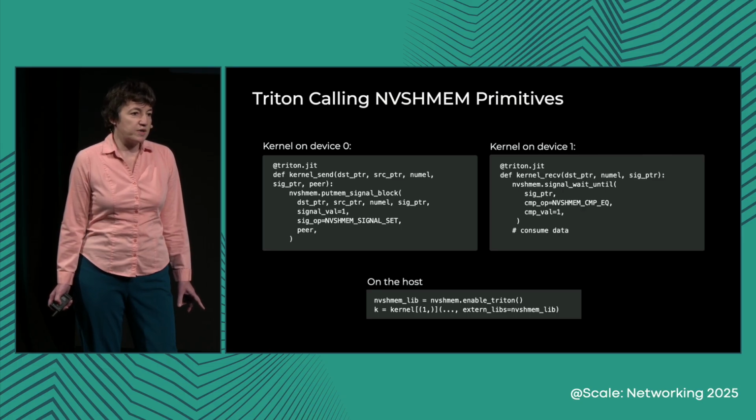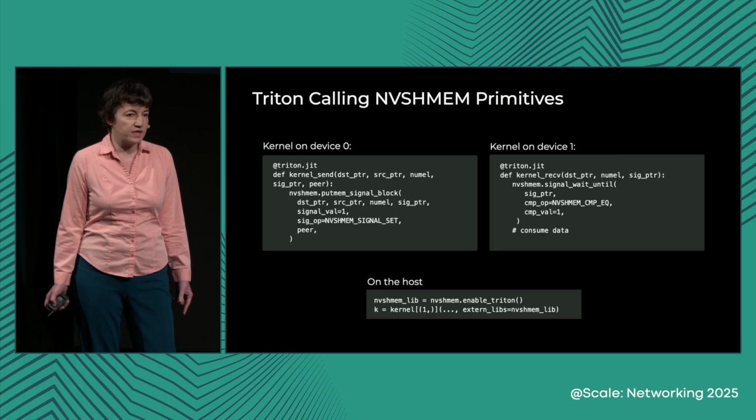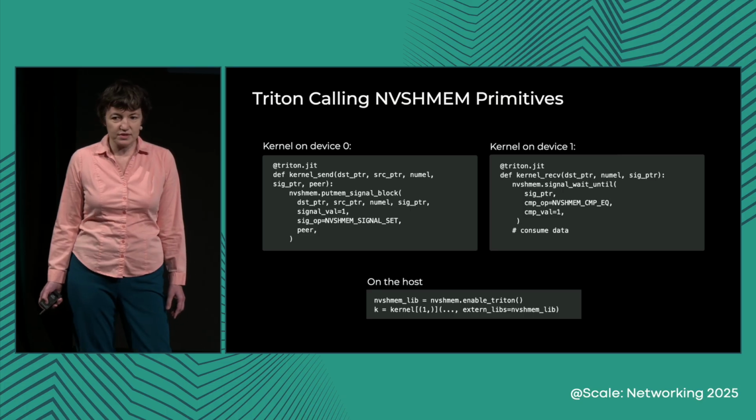Here for NVSHMEM, we are getting just one handle and explicitly sending the peer argument, the peer that we want to talk to, as an argument to an NVSHMEM call. Please excuse our inconsistency here. We are still trying to come up with the most ergonomic and convenient APIs, and with your help, I'm pretty sure we'll get there.